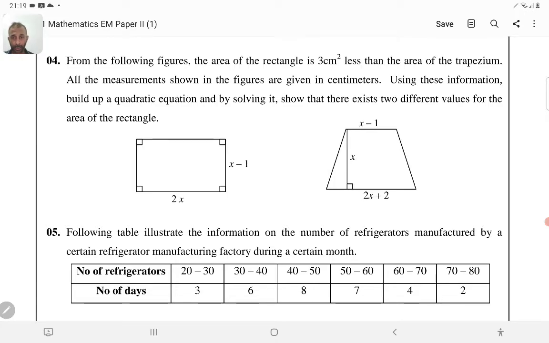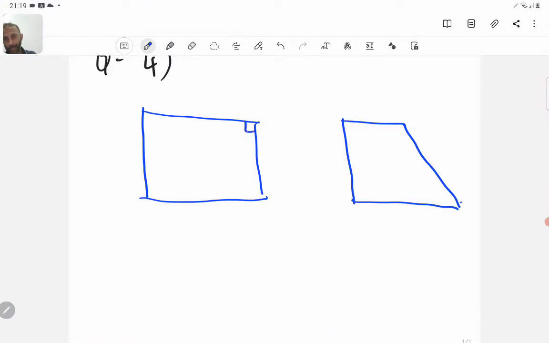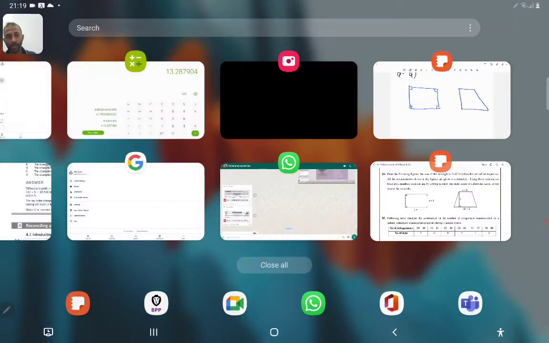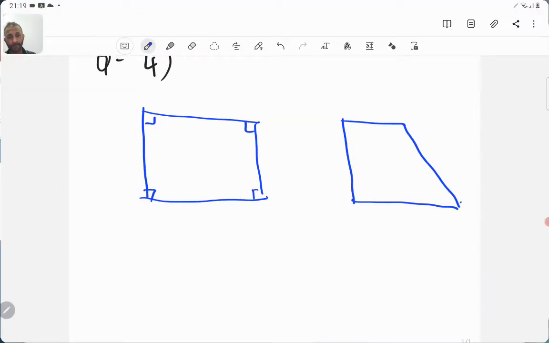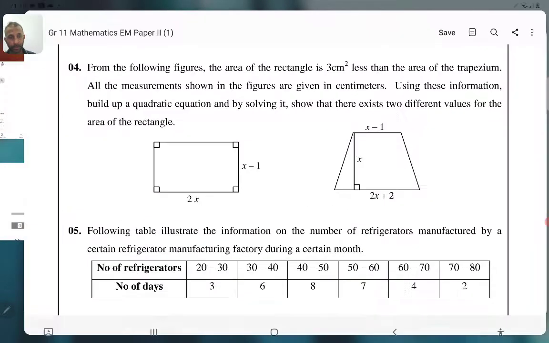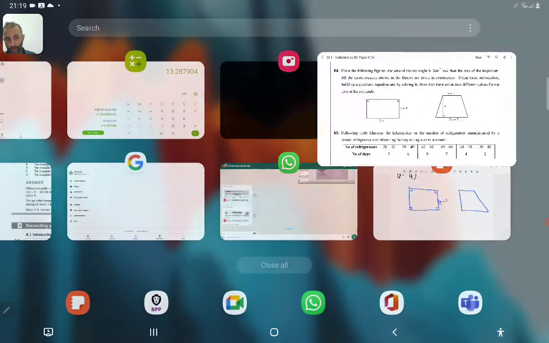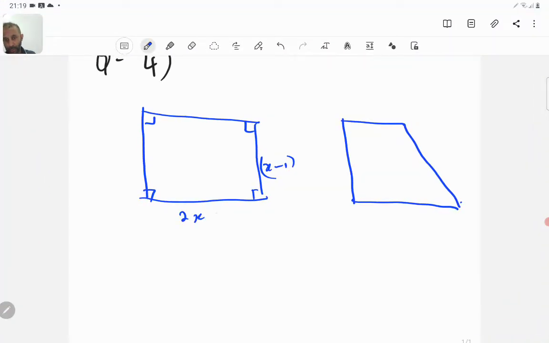In doing that, first we will jot down the measurements. Now they clearly said that these are 90 degrees, obviously, because it's a rectangle, and the height is given as x minus 1, and the length or width is 2x. These are the measurements for the rectangle.